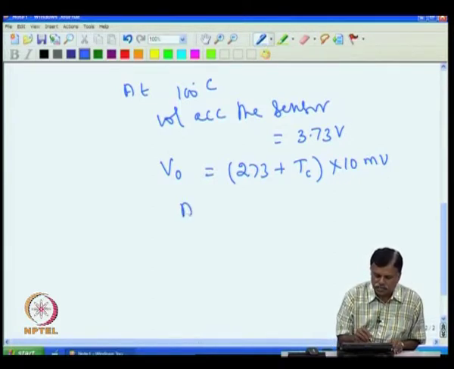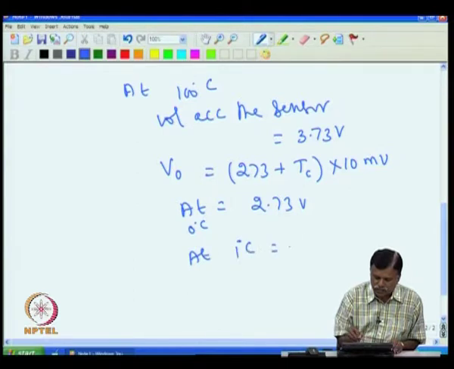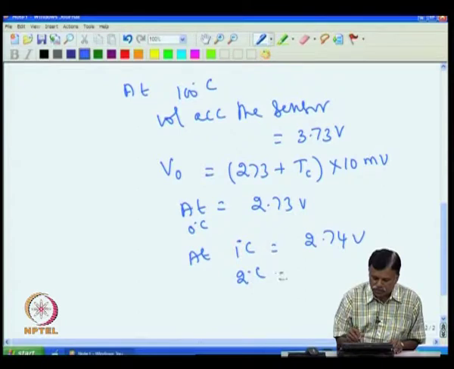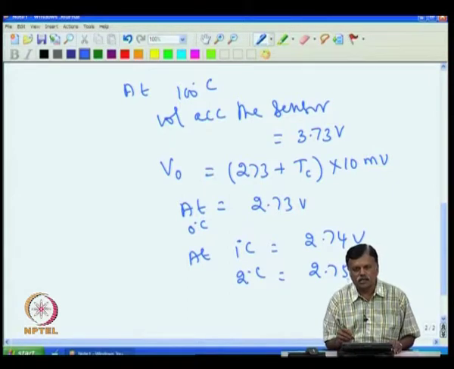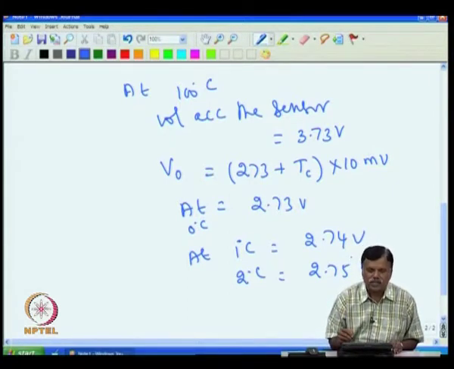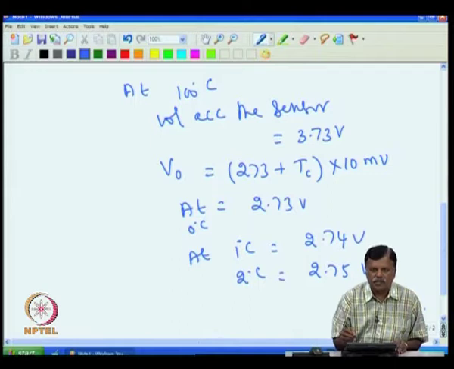At 0 degree C it gives you 2.73 volt. For example, at 1 degree C you will get 2.74 volt, and at 2 degree C you will get 2.75 volt, like that. For every 1 degree, you will see a 10 millivolt increase in voltage across the sensor. So, if I want to measure the temperature, I should keep the sensor wherever I want to measure, and then I will get a voltage like this.